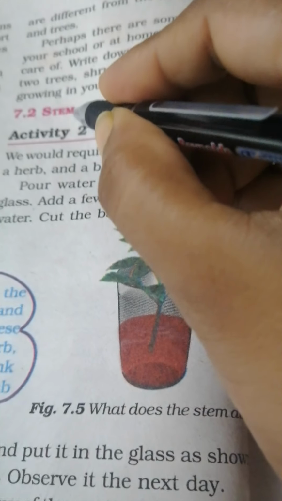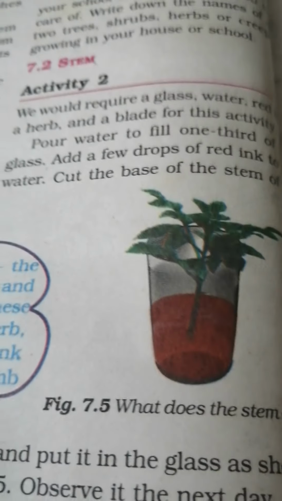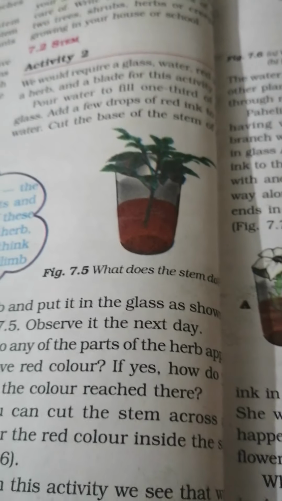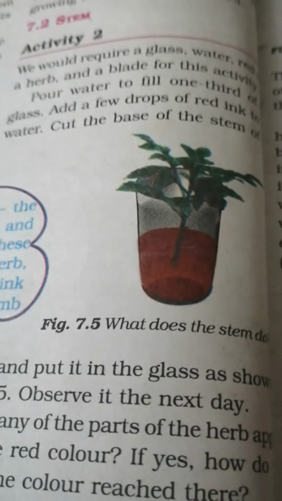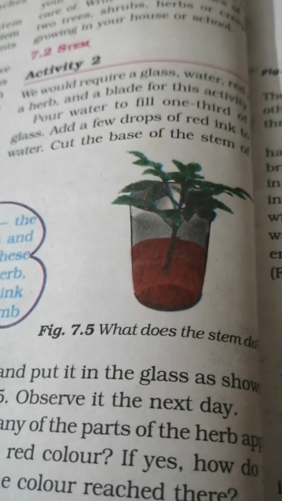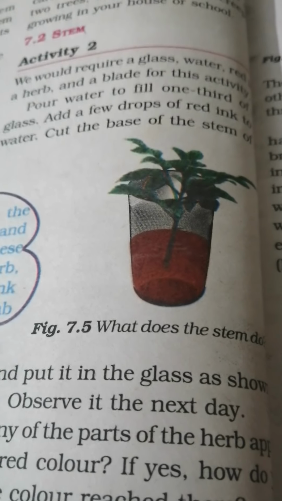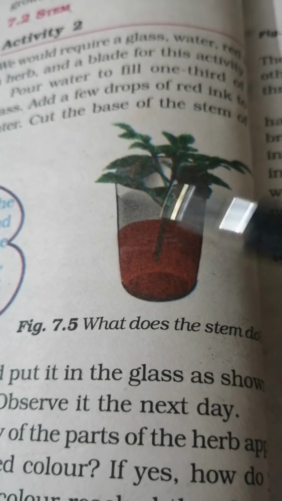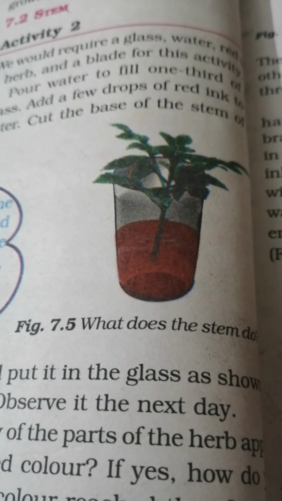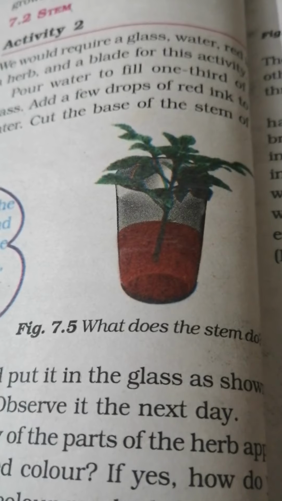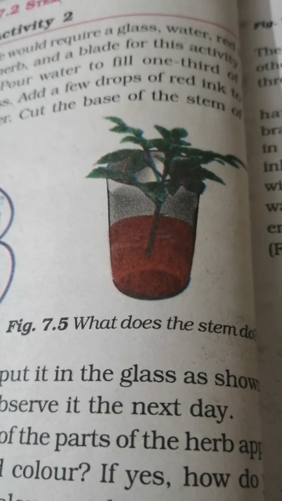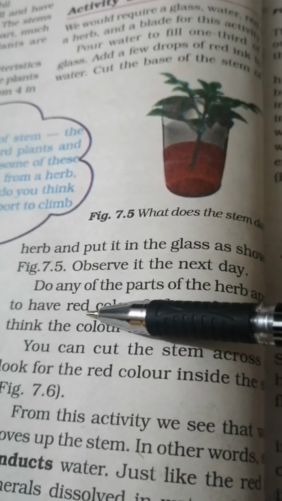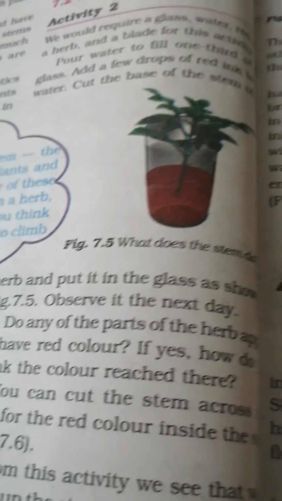First is the stem. The stem holds the plant to the ground and makes the plant stand upright. It also takes water and minerals from the root and conducts them to the different parts of the plant, and takes food from the leaves and conducts it to different parts of the plant. This is the work of the stem.